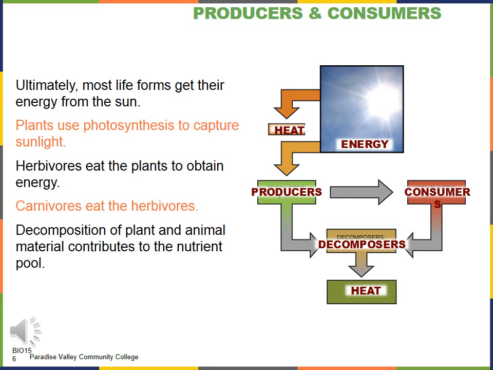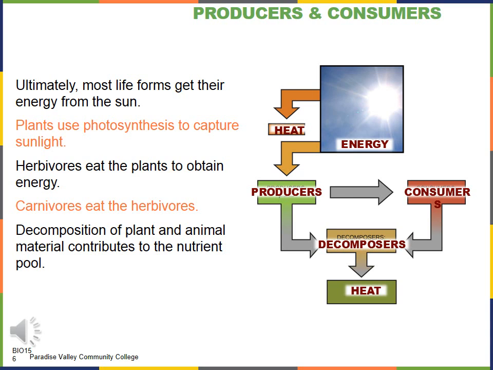Now we've got this little grouping here that I briefly mentioned called decomposers. And decomposers are organisms like fungi that will consume detritus or dead material or dying or decaying material.